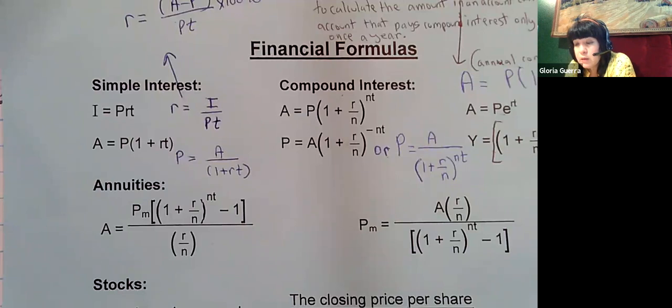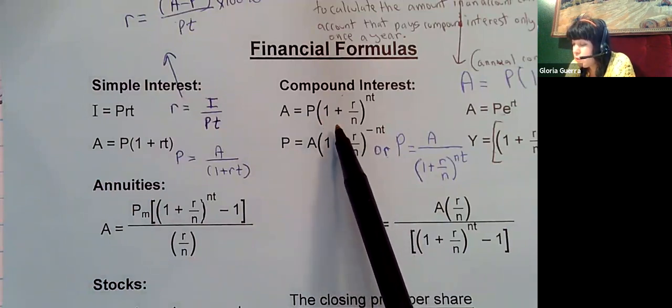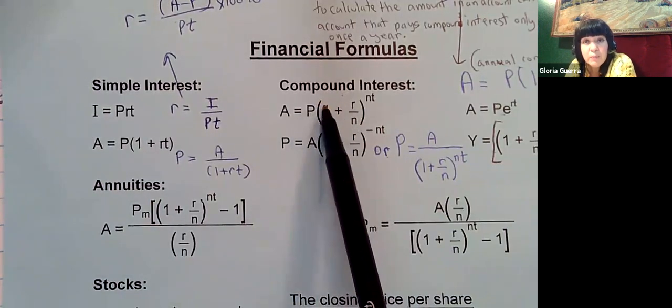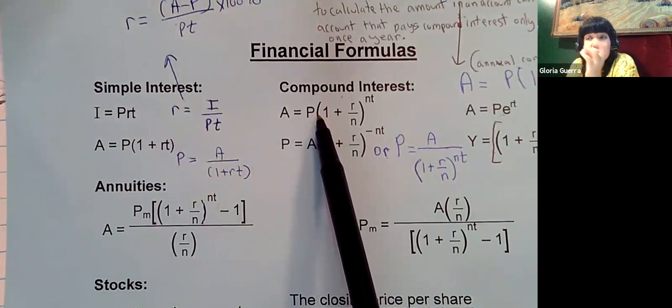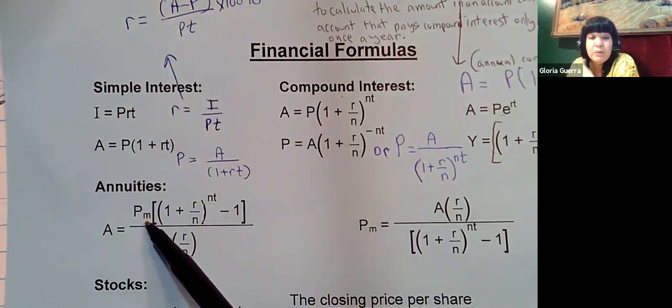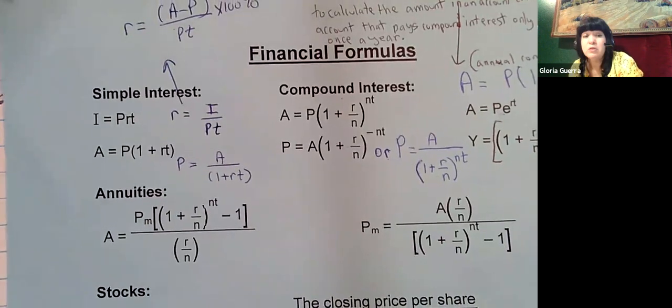Also, we're not using one of these formulas up here, like this one, because when we use this formula, it's compounded interest where you're investing one large lump sum, a one-time deal. Here, we're making several deposits over and over. That's how you would distinguish that. And the IRA is also a keyword for annuity.